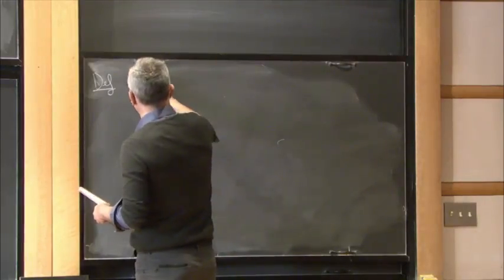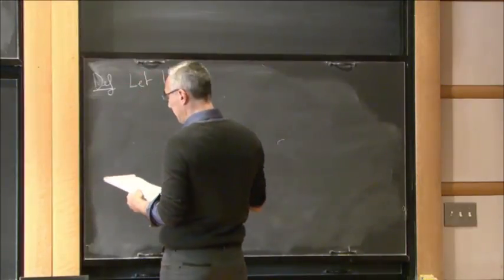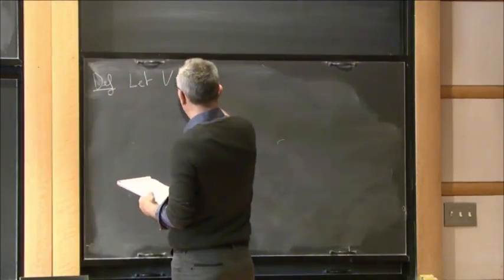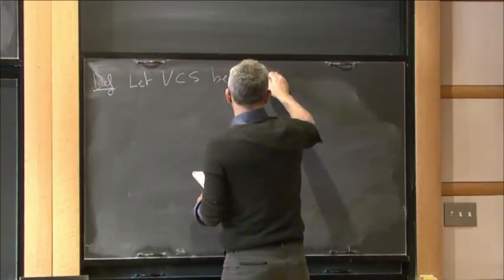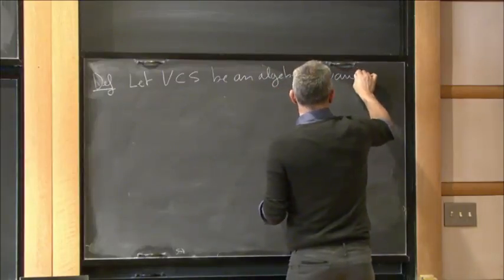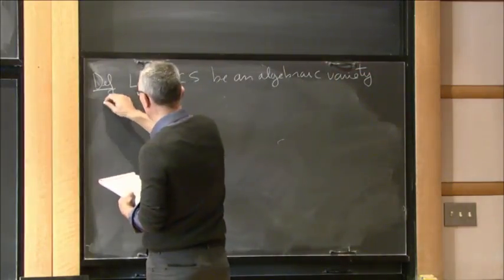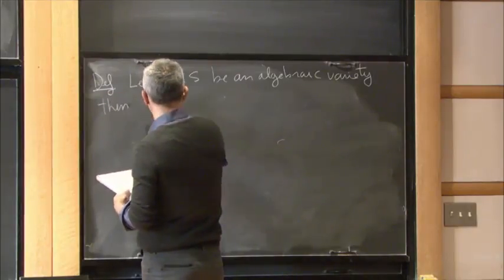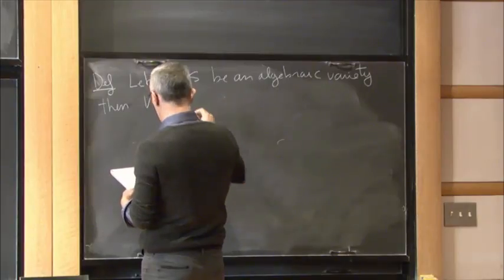So I want to say what is a weakly special subvariety of a Shimura variety. Let V inside S be an algebraic variety. Then we say V is weakly special.